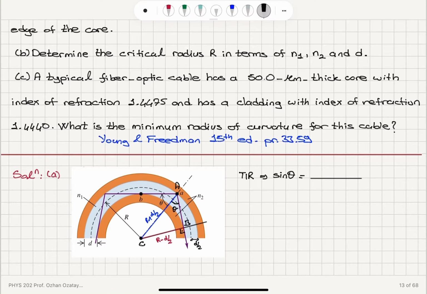We see this from the ABC triangle. So theta, the angle of incidence, will be sine inverse of capital R minus d over 2 divided by capital R plus d over 2.